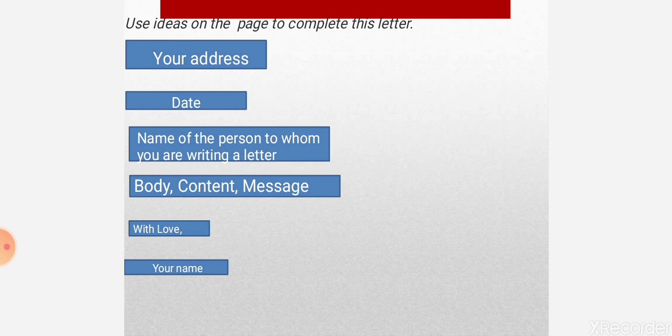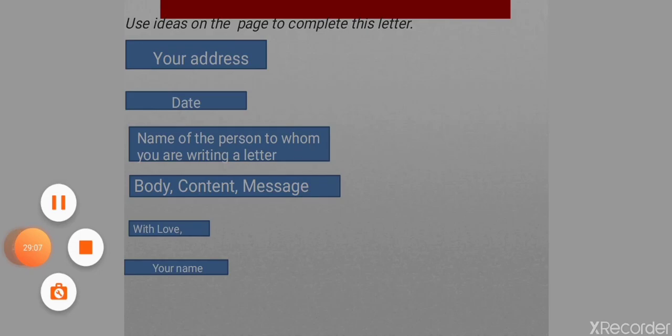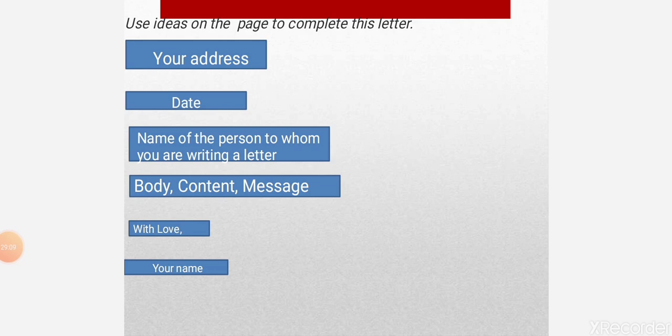You will learn to frame grammatically correct sentences. Your mind will also have practice of collecting ideas and framing sentences so that you can write in a proper logical sequence to your friend.